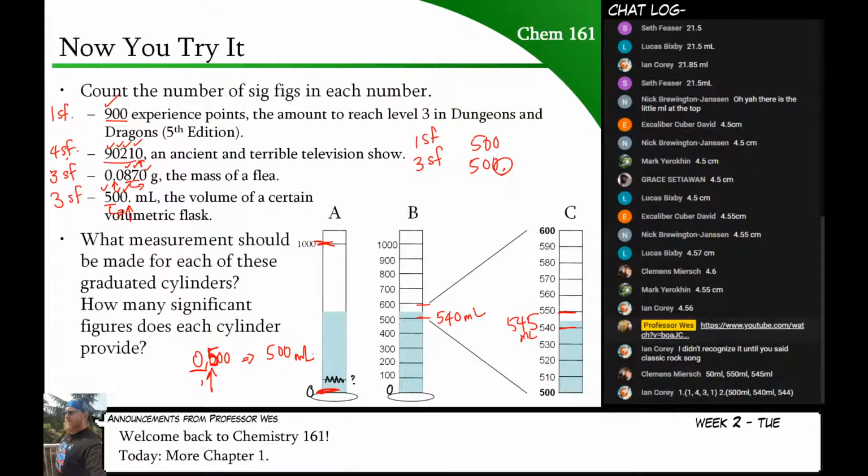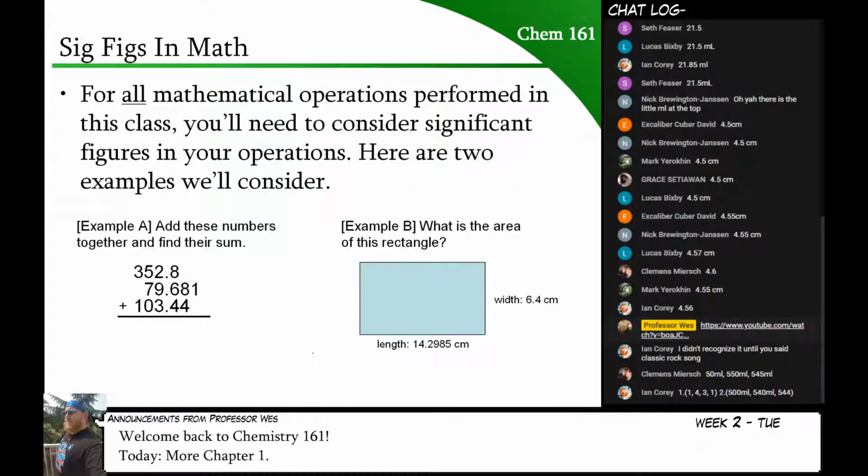Now that we have discussed sig figs and reviewed them, we're going to do math with them. And we should all remember how to do math with sig figs, but here's some examples just in case we want a refresher. We're going to separate these into 2 types of operations. There are more than just these 2 types of operations, but these are the 2 that we're going to be doing in this class.